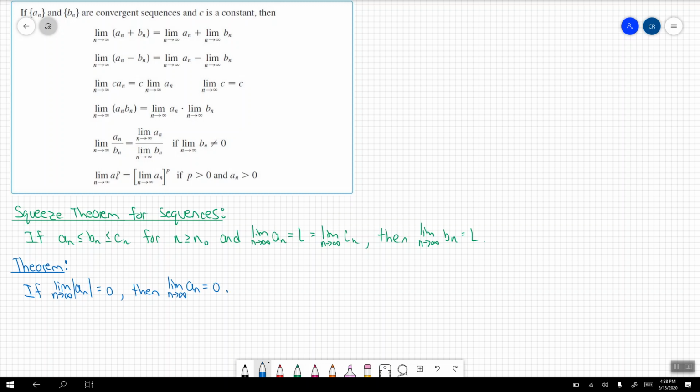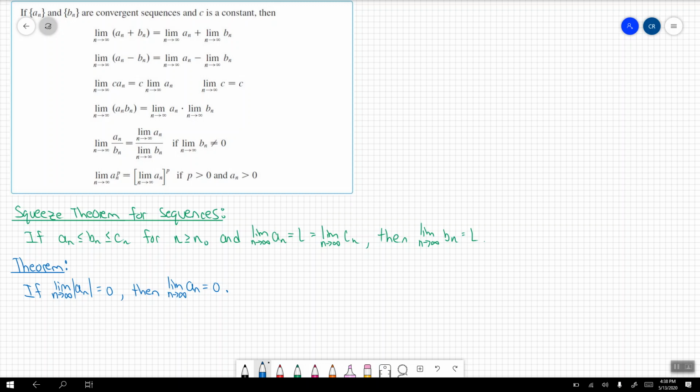The reason I say this is a really powerful theorem is because I want you to analyze the beginning part of the theorem. It says that if we take the limit of the absolute value of a function that has been explicitly defined for a sequence, and that is 0, then the limit of the actual function itself must be 0.